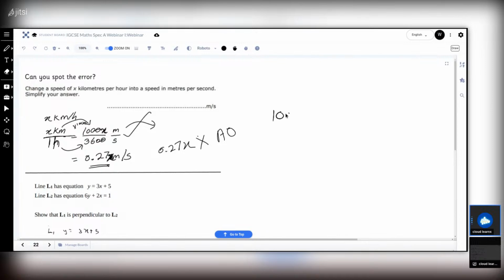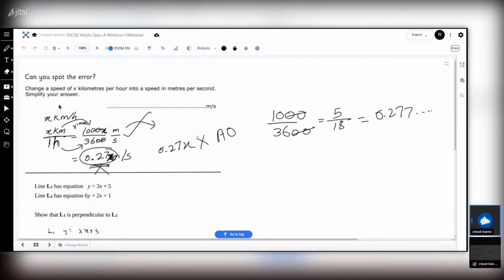Because 1,000 over 3,600, you could simplify that. It'll be 5 over 18. That'll be 0.2777 and on, right? So you've essentially rounded the answer, and now it's not the right answer.